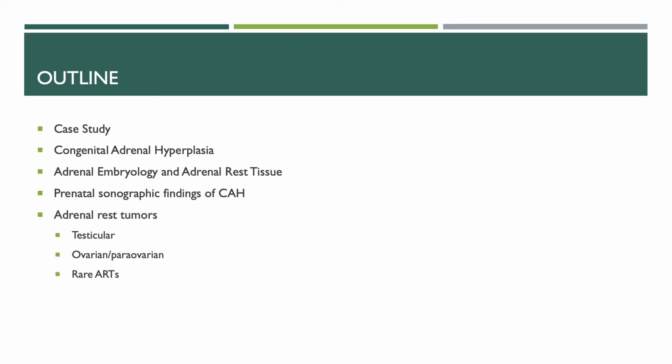I will then expand a little more on the prenatal sonographic findings associated with congenital adrenal hyperplasia. Finally, I will discuss adrenal rest tumors in the testicles, ovaries, and other more rare locations along with the sonographic characteristics of these tumors.